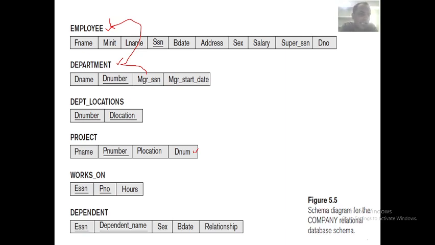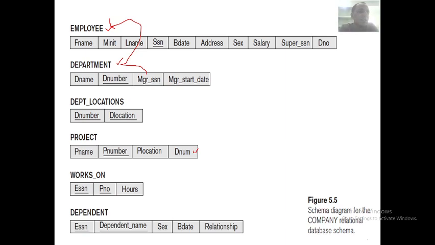In which table, which attribute is underlined? If there is only one attribute underlined, that is the key attribute, the primary key. If the table has more than one attribute underlined, all those attributes together form the primary key.